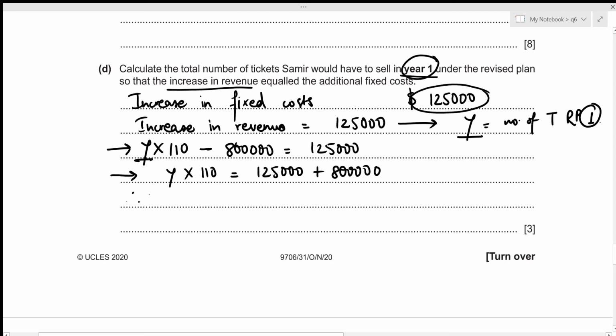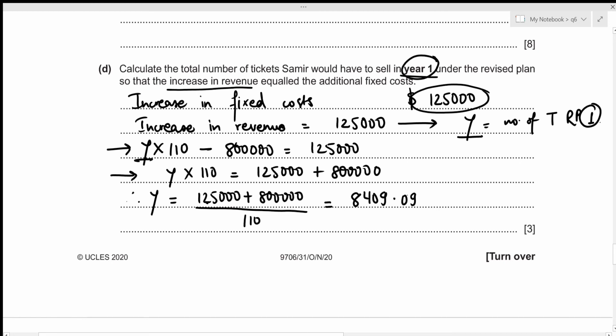So this is just going to be y equals 125,000 plus 800,000 divided by 110, which gives our number of tickets Samir would have to sell in year 1 under the revised plan so that the increase in revenue equals the additional fixed cost.